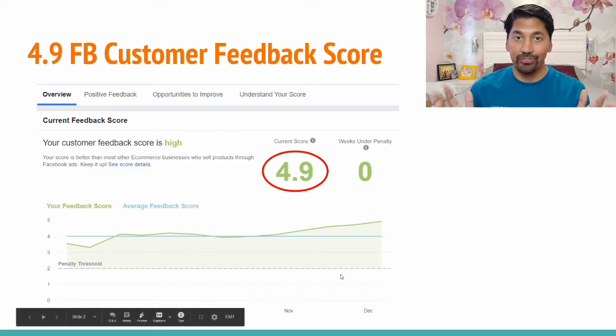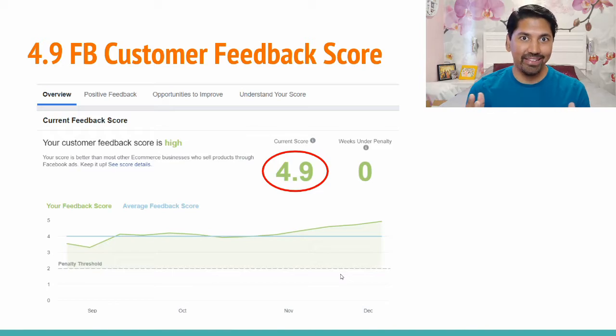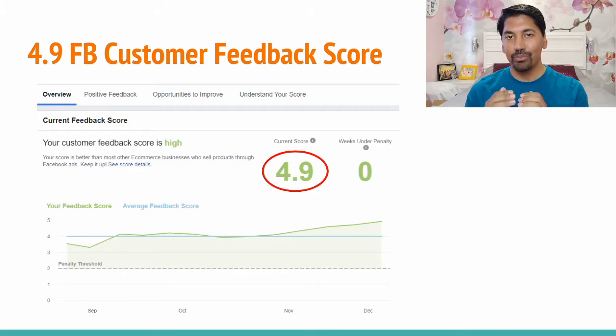So the verdict is out on exactly when the negative effects start kicking in, but definitely your goal is to keep it above 2, because what Facebook does is it starts penalizing your advertisements. So if your Facebook feedback score is below 2, then your ads end up being more costly. Your ads will reach a smaller number of people with the same amount of ad spend.